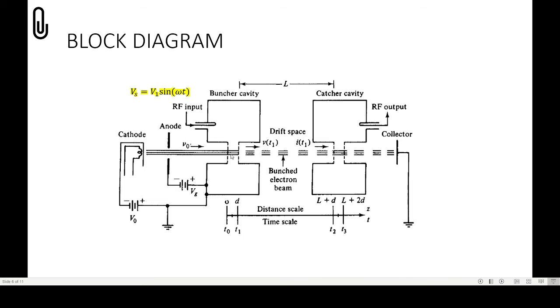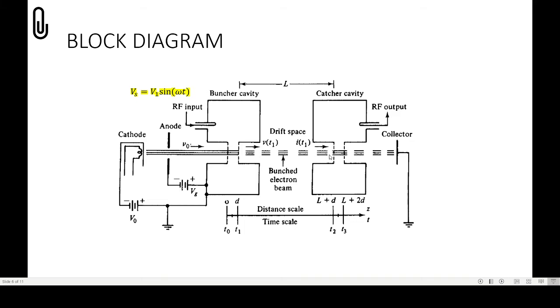However, when it reaches the Buncher cavity gap, the velocity gets modulated according to the input RF signal. After modulation, the electrons will create clusters or bunches as we see in the figure.